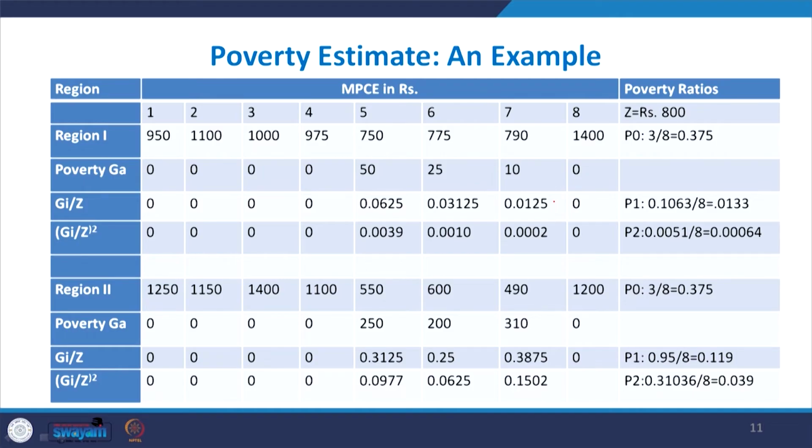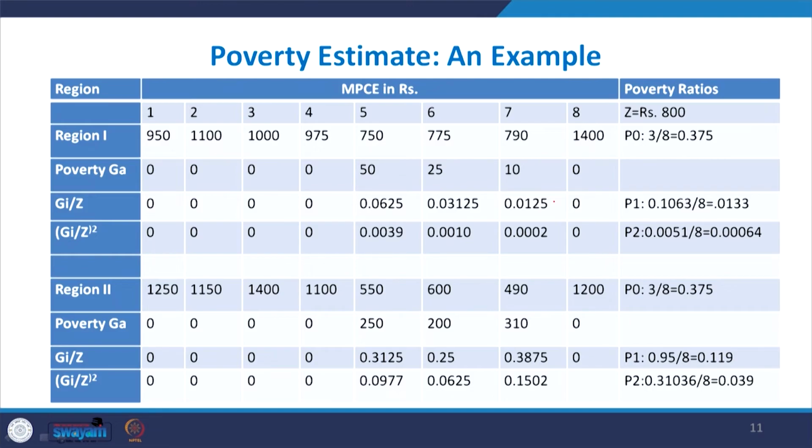Now, what you have to do is take the square of Gi divided by Z, and then take the sum and further divide by 8, that is the number of households, and we get the squared poverty gap ratio.